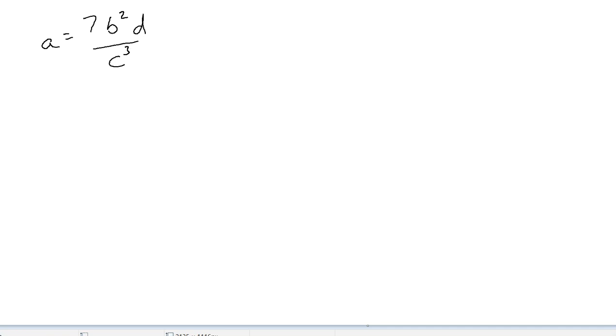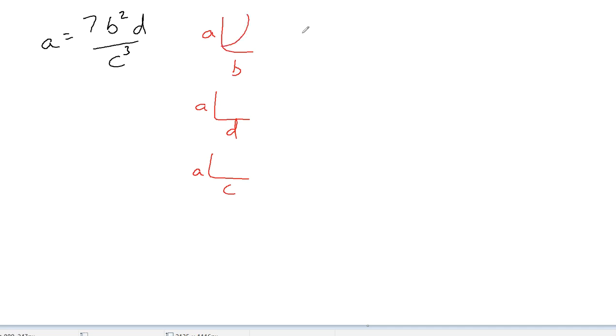Let's start with that. If I sketch the graphs for this, there are 3 main graphs I can make: A versus B, A versus D, and A versus C. All I need is a sketch to get an idea what's going on. If I graph A versus B, B is squared, so it's going to curve up.